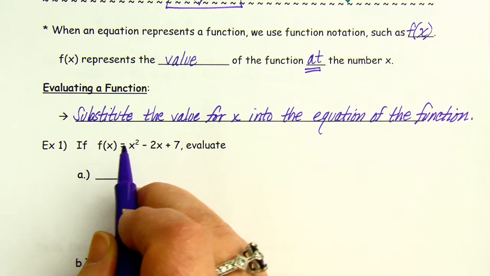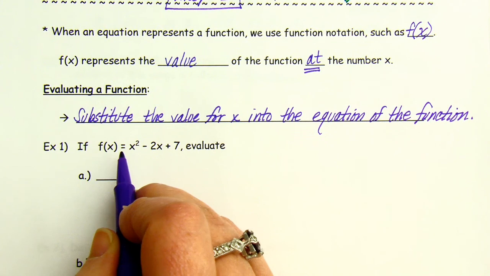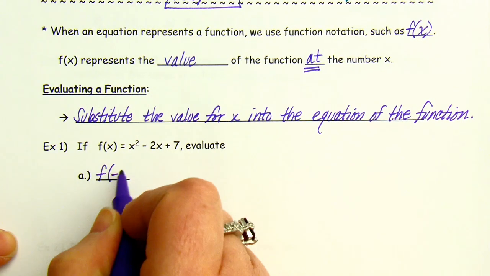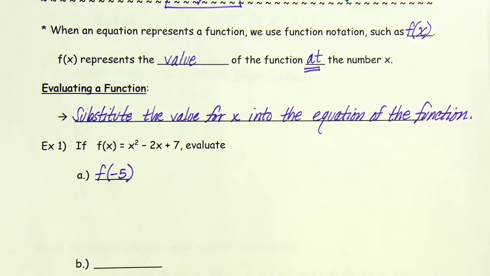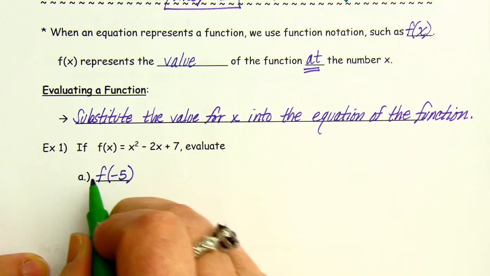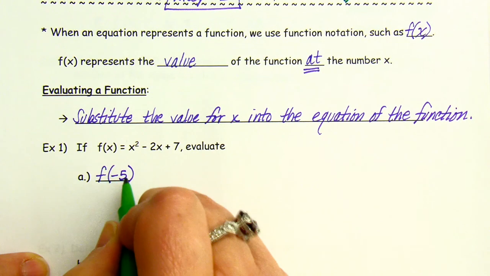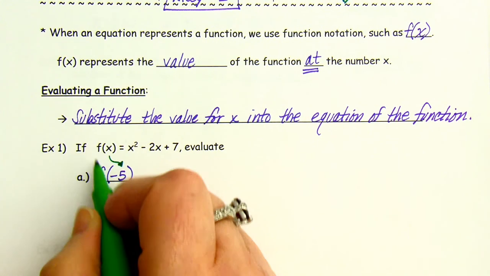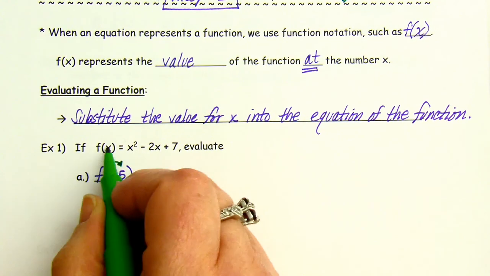So if I want to evaluate this function at a particular value of x, say like f of -5, everywhere I have an x in the given equation of the function, I'm going to replace it with a -5. As you see, f of -5 really is f of x when x is -5, right? This is f, this is the parentheses, x is -5.